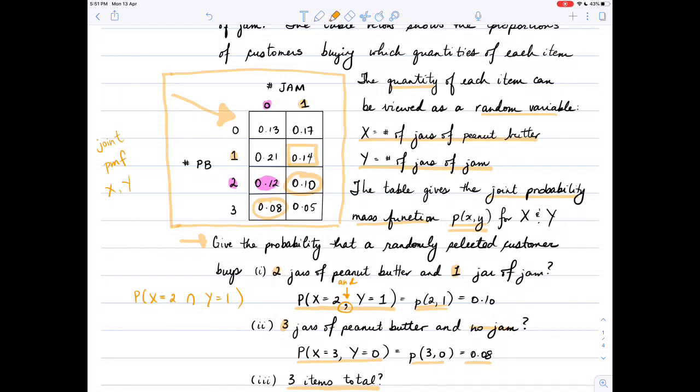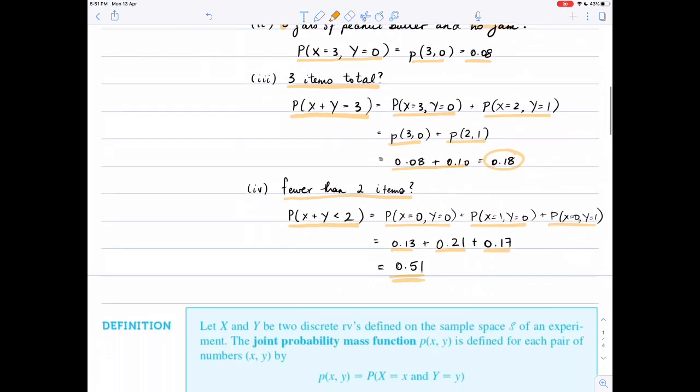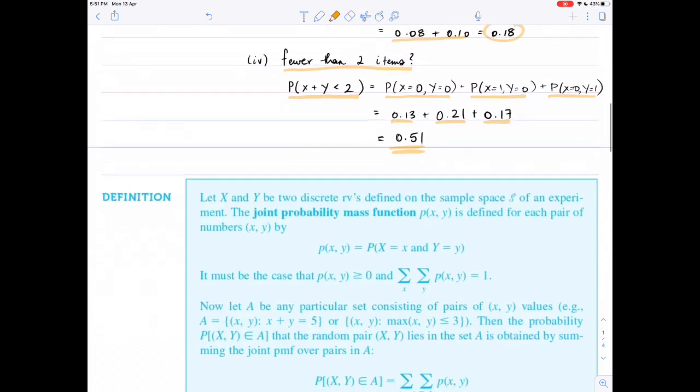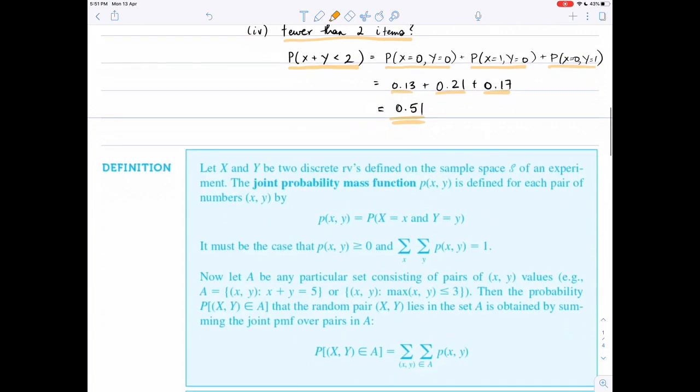So let's be a little formal about this now. Let's look at this definition from our textbook here. Let x and y be two discrete random variables on some sample space S of an experiment.